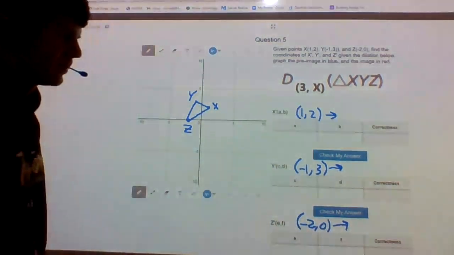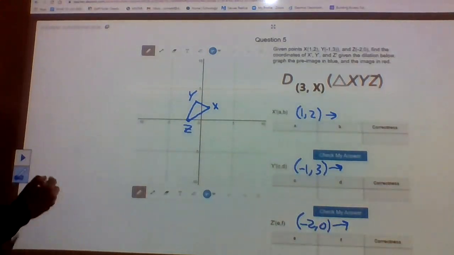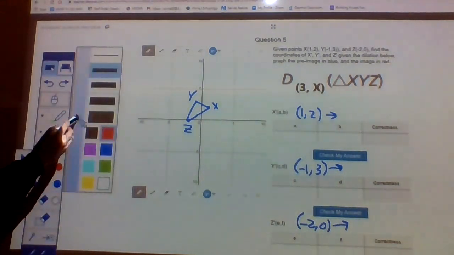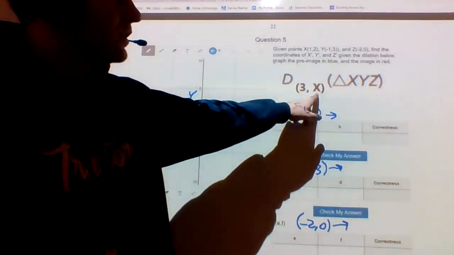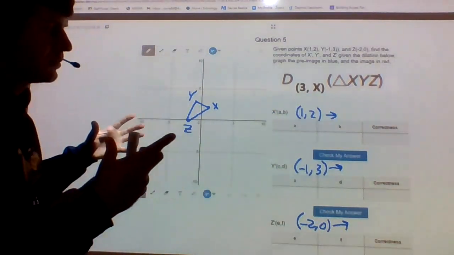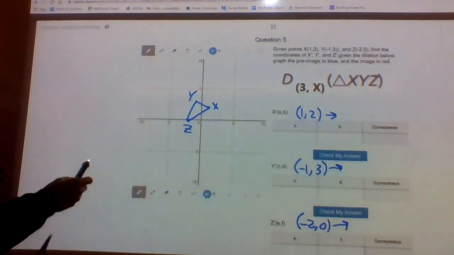Those are the originals, right? We're going to go figure out the new ones here. So our scale factor is 3, and the center of dilation is x. So all these points are going to get 3 times as far away from point x.